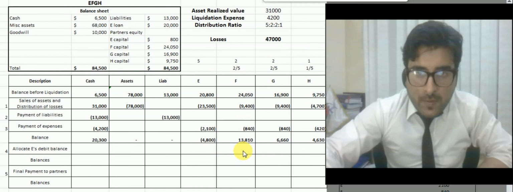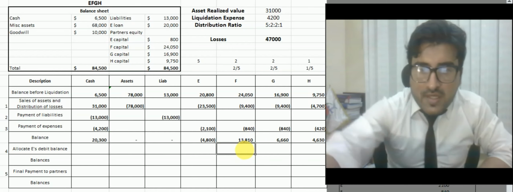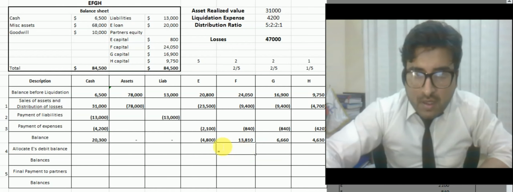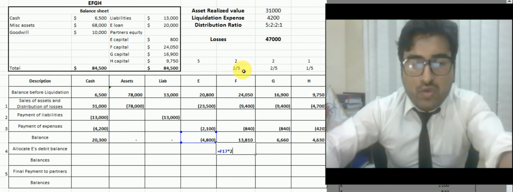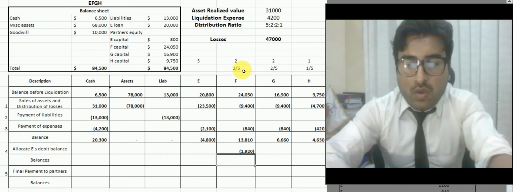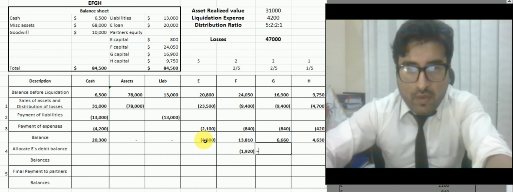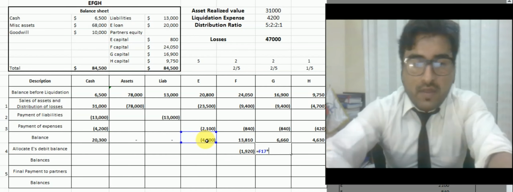Look here. Now equal sign and then multiply. How much is the total value? 4800, and multiply this by how much is the new ratio? 2 over 5. And also here, equal sign, 4800 multiply with 2 over 5.